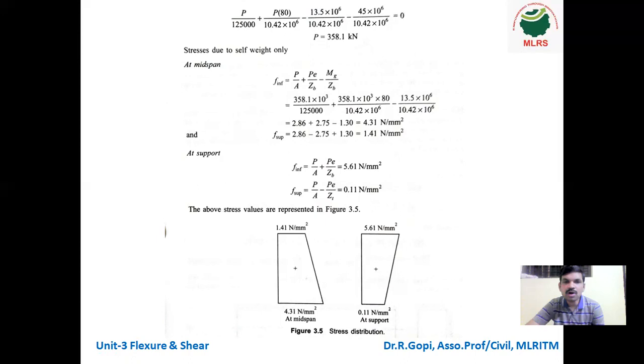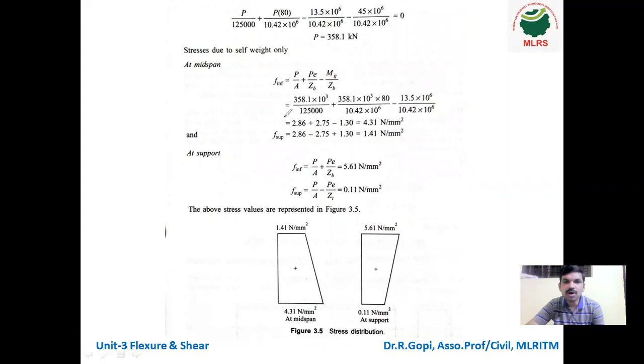In case of a simply supported beam, at the support end, the bending moment value is 0. We already know. So this term will get 0. This term will not come. So except this mg divided by ZB term, write the remaining terms and find out the stress.